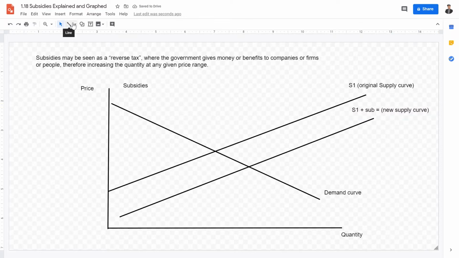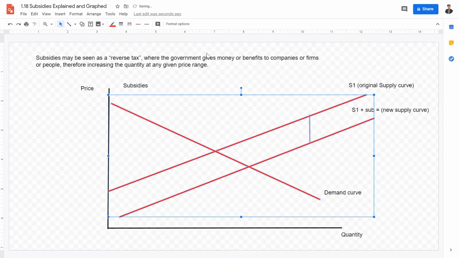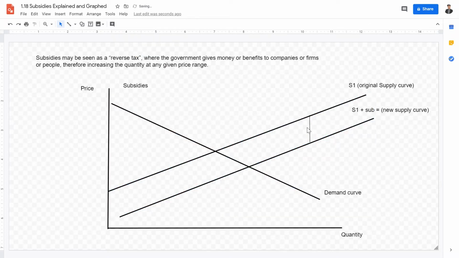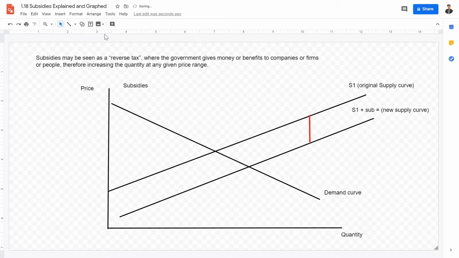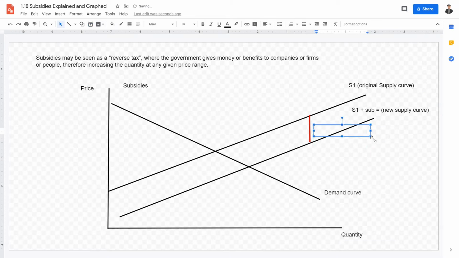Now, what does the gap between these two lines mean? I'm going to make this red. What does this red line actually mean? The vertical distance between S1 and S1 plus subsidy is the subsidized price.